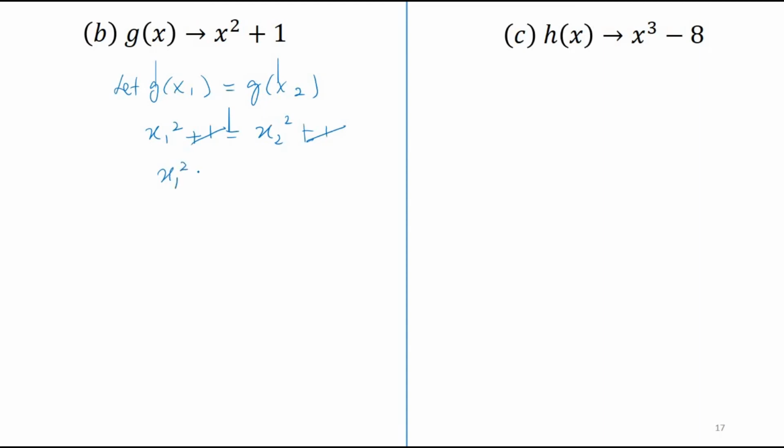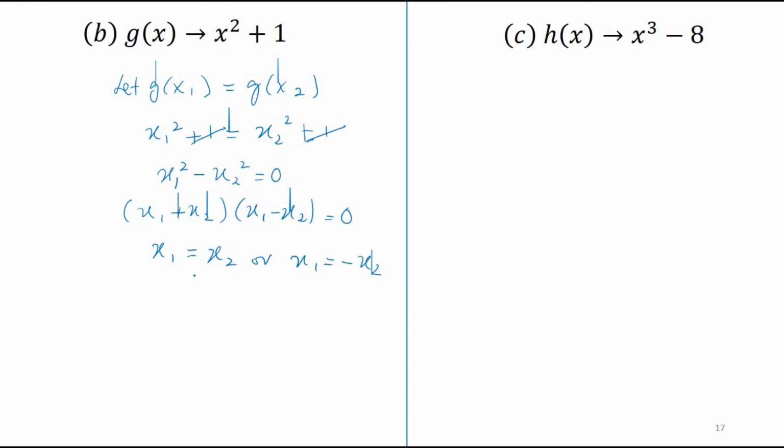So you have x1 squared minus x2 squared is equal to 0. So you can factorize this. You get x1 plus x2 times x1 minus x2 is equal to 0. From this you get x1 is equal to x2, or x1 can also be equal to negative x2.